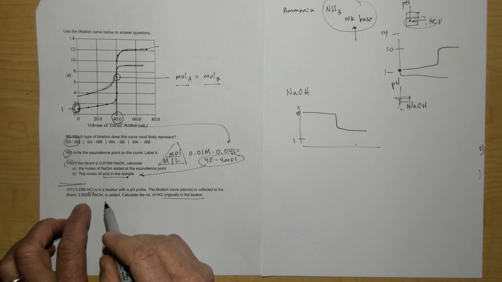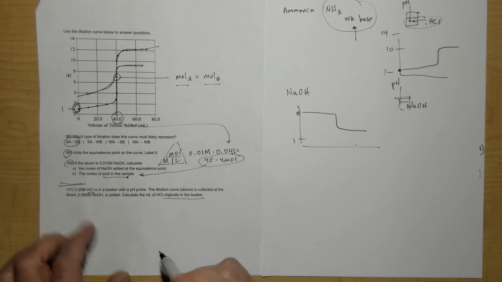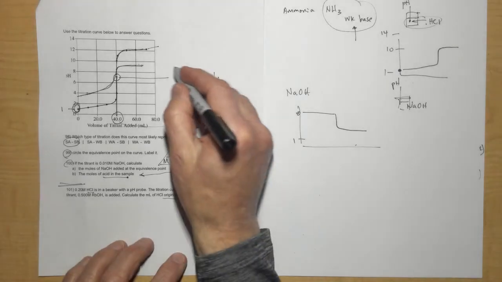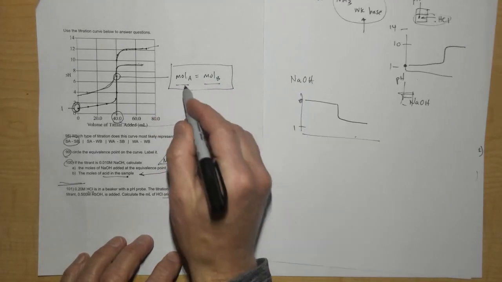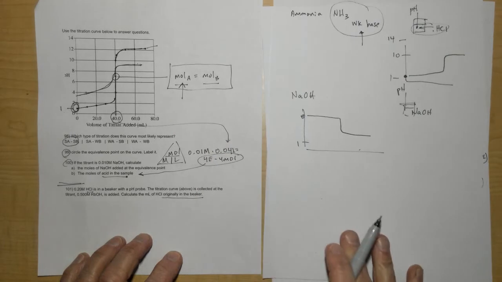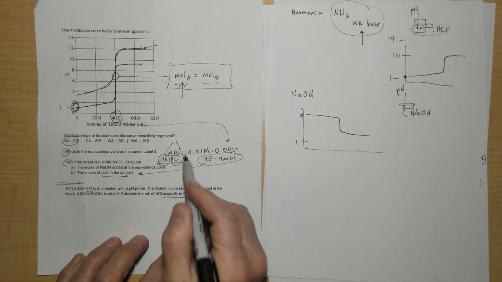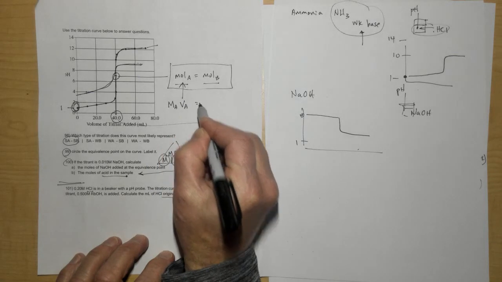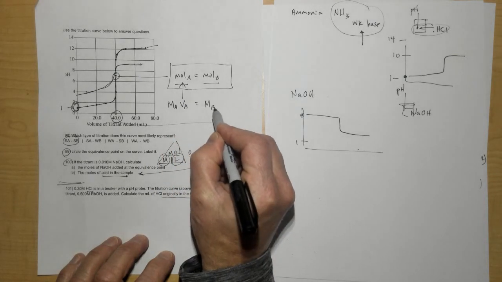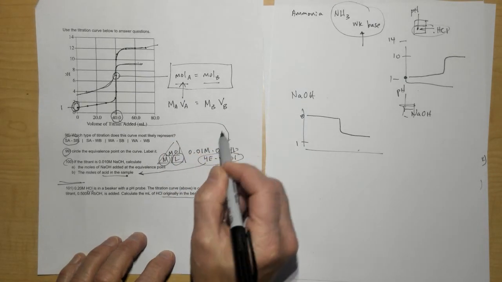So we know that when we reach the equivalence point, the moles of acid are equal to the moles of base. And if I substitute in for moles, molarity times liters, I would have the molarity of the acid times the volume of the acid is equal to the molarity of the base times the volume of the base.